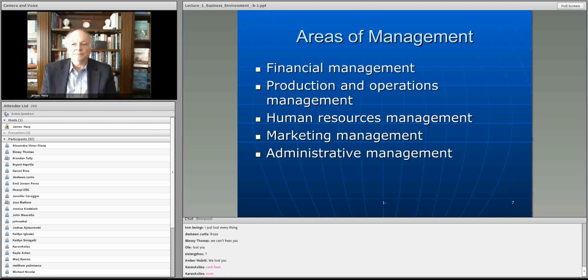Human resource management is the idea of making sure you have the right people in the right jobs. It's kind of straightforward.